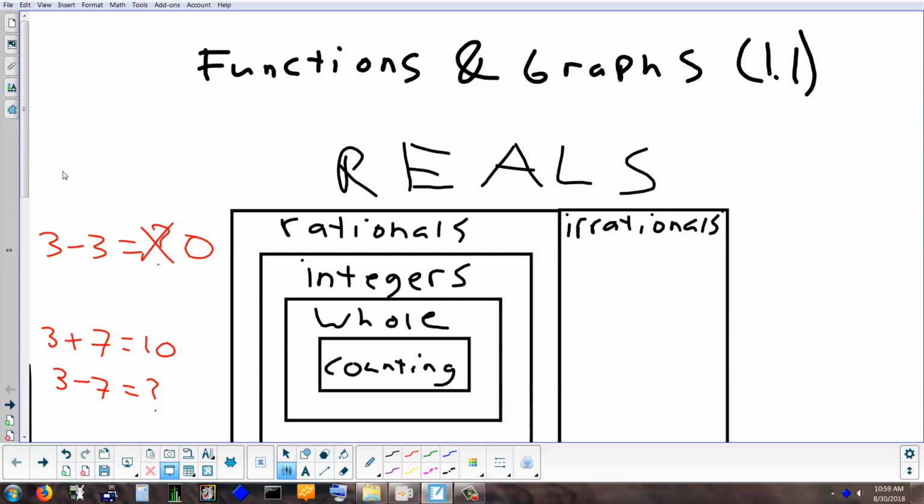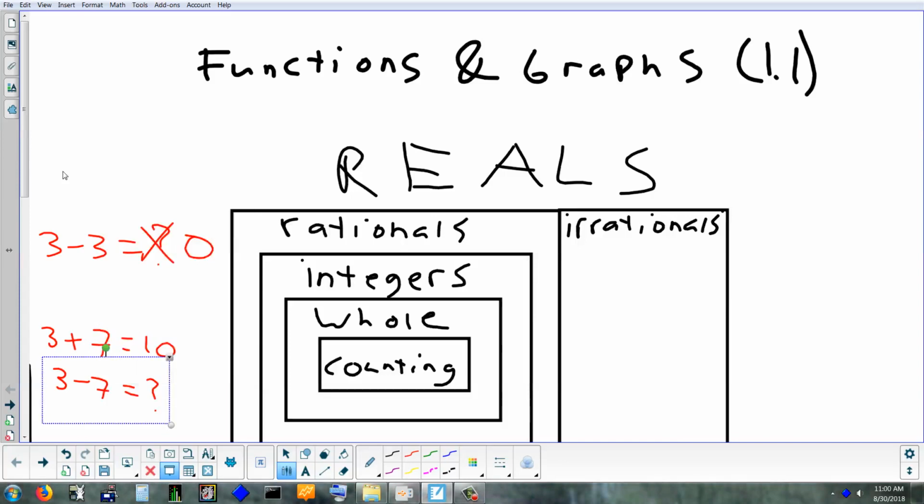Let's stick to the 4 basic operations. How about add? If we add a whole number and a whole number, would we always get a whole number? What do you think? Yeah, adding is okay. How about subtracting? If we subtract a whole number from a whole number, but Robin, will we always get a whole number? All right, is 3 a whole number? Is 7 a whole number?